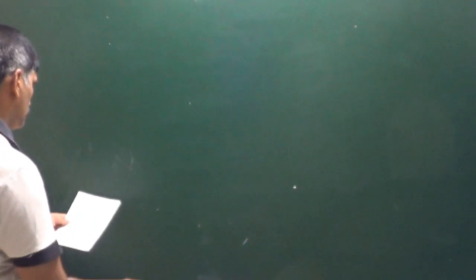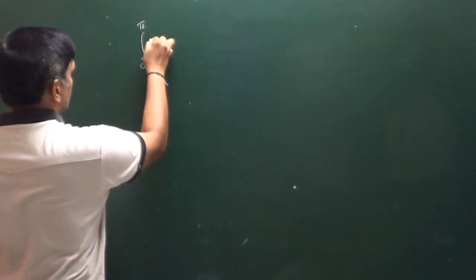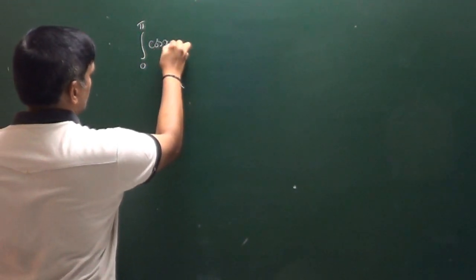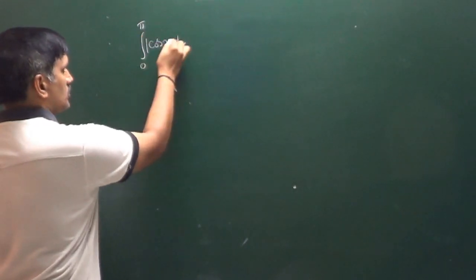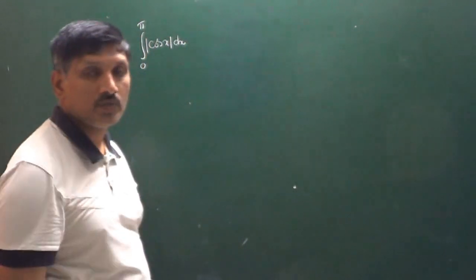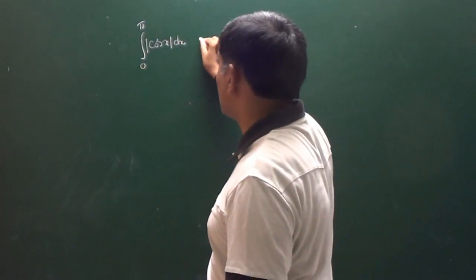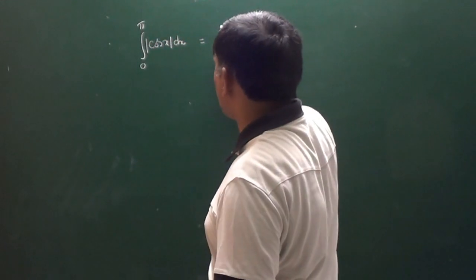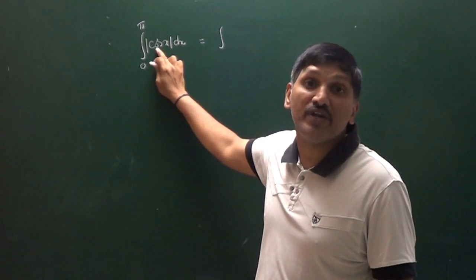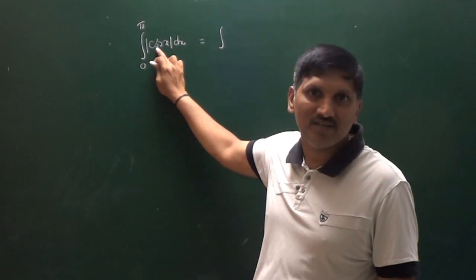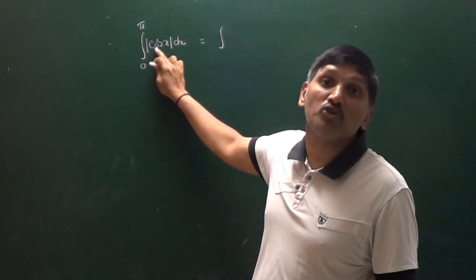So this is the first question: integral 0 to pi modulus of cos x dx. Now we know about this modulus function. This function is positive between 0 to 90 degrees and negative between 90 to 180 degrees.